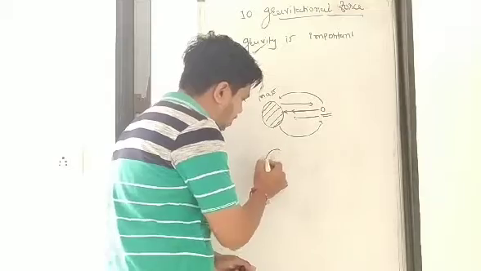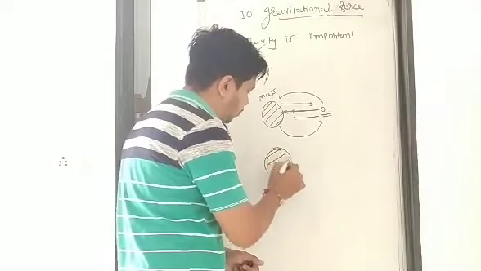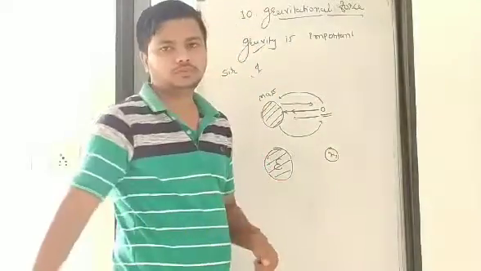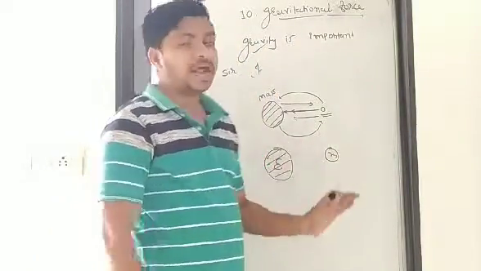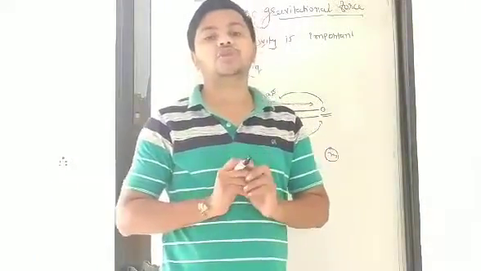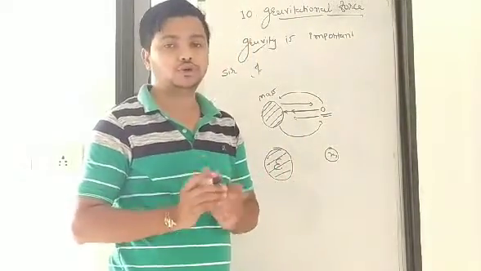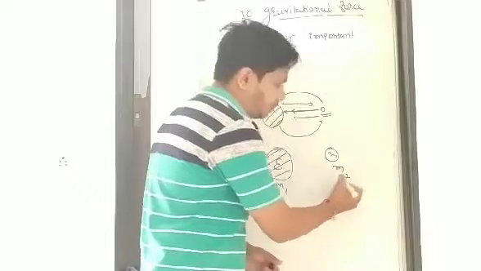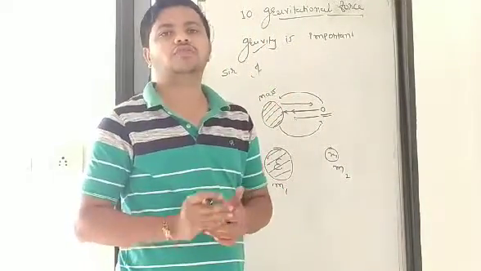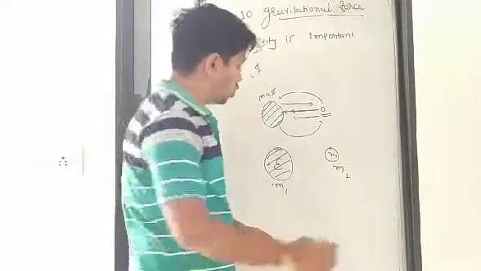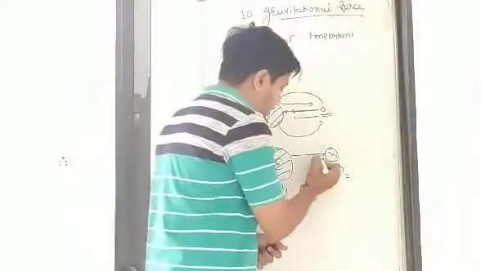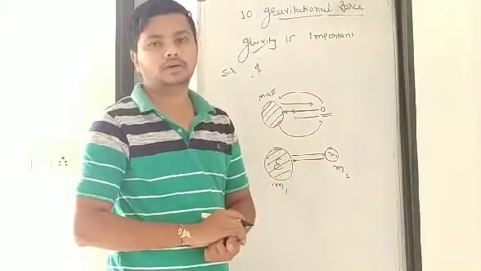If we apply the same thing on the earth and moon, here it is the earth, here it is the moon. Both apply a gravitational force on each other. As you know, both have a mass, m1 and m2, right? The gravitational force is applied by every object in the universe. So the earth applies a force on the moon and the moon applies a force on the earth, right?